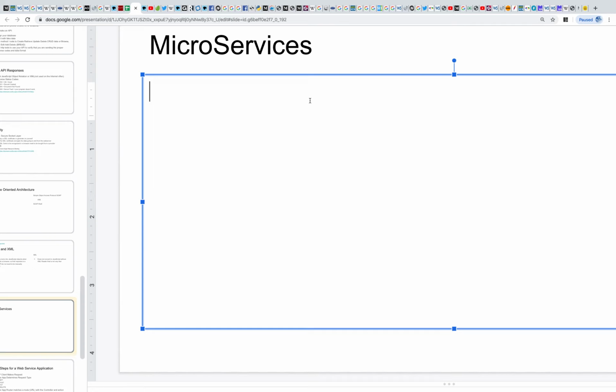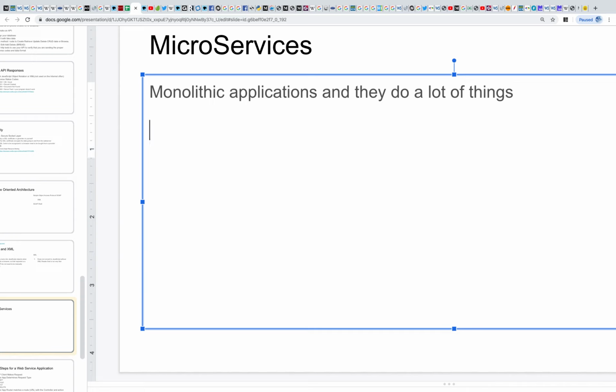So first, you have monolithic applications, and they do a lot of things. Microservices do one thing and live in one Docker container.